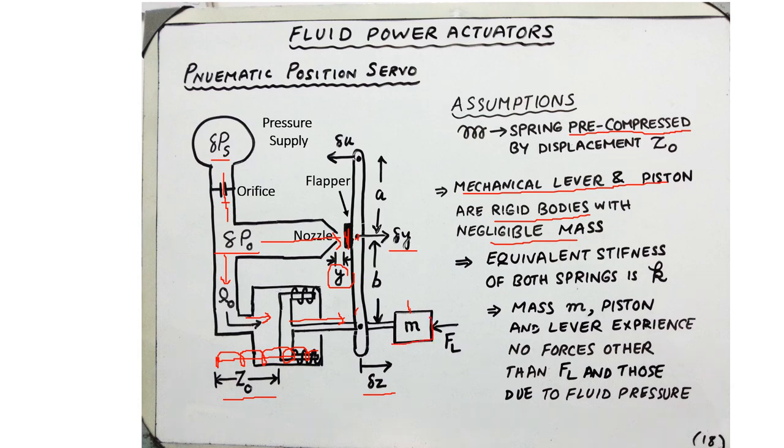And we say that the equivalent stiffness of both the springs is taken as K. So we are just writing down the equivalent stiffness, that is K, and the mass M and the lever experience forces: FL, and the force due to the pressure difference of the fluid in the piston cylinder connected to the valve, and there is no other force.